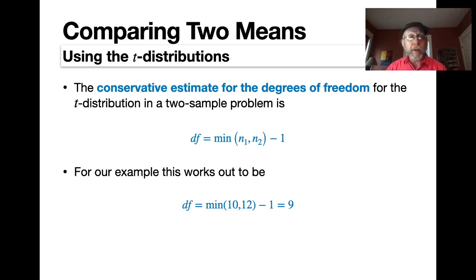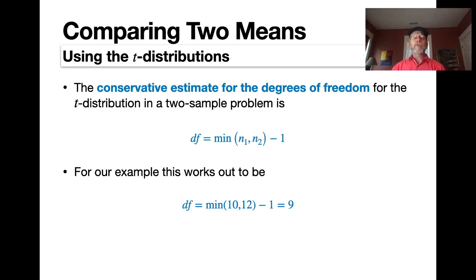Similarly, for a margin of error, the critical values and the margins of error that come from using this conservative estimate are going to be larger than what would be returned from the formula on the previous slide. And that means that the actual margin of error that you get when computing a 95% confidence interval, for instance, will actually give you more confidence.